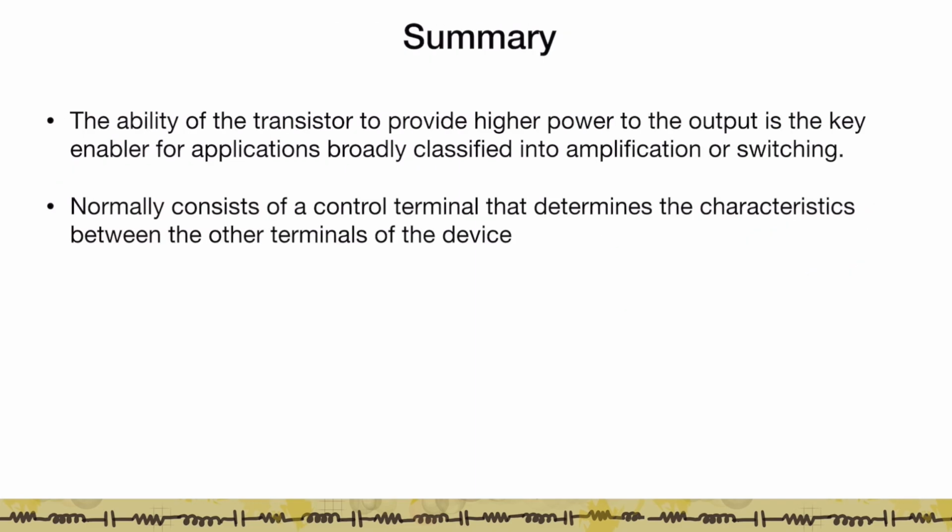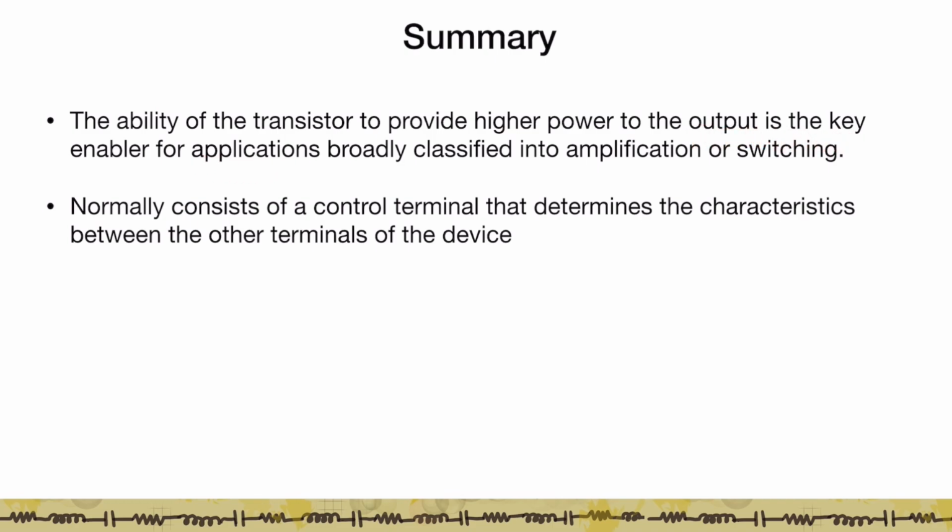So to summarize, the key point to keep in mind when you think about the transistor, the basic elementary device when you think about circuits, is the ability of the transistor to provide higher power at the output. That is the key defining characteristic of a transistor, which we will use to make use of the transistor in applications.